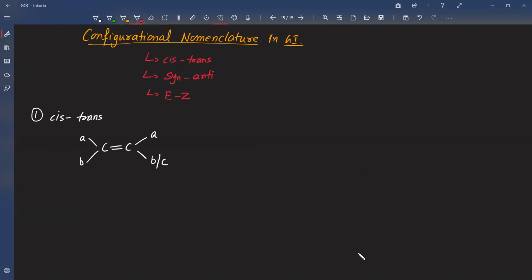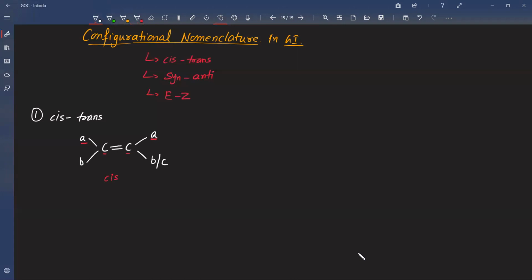If you have one pair of the same substituents on these two different atoms on the same side of the double bond, then this configuration is called cis.